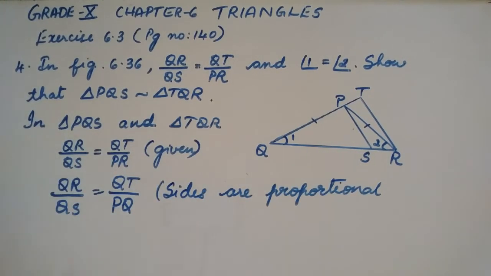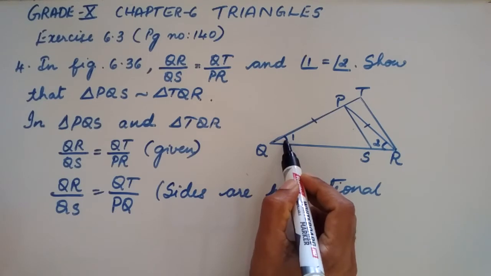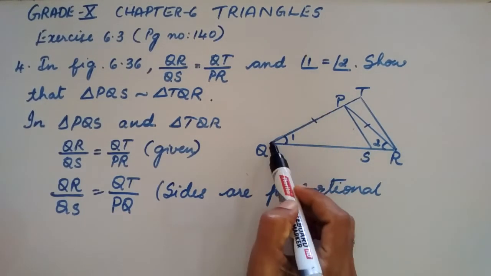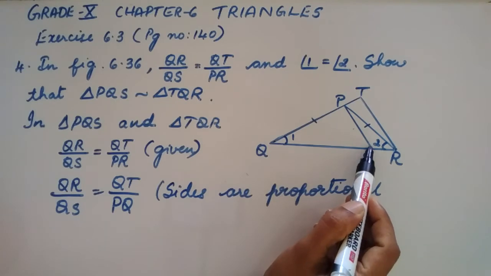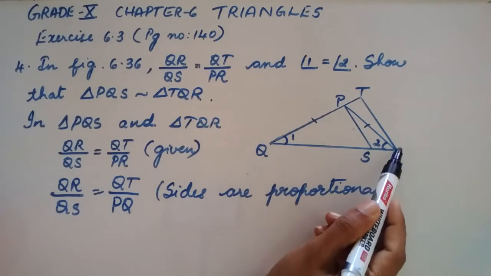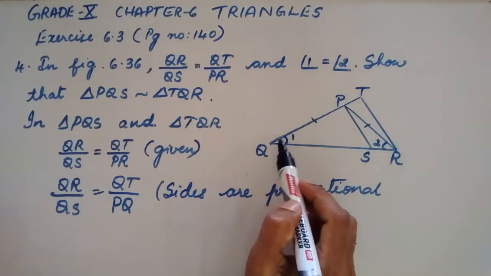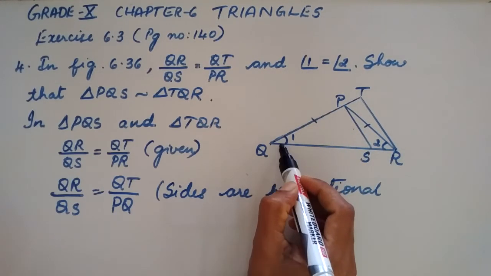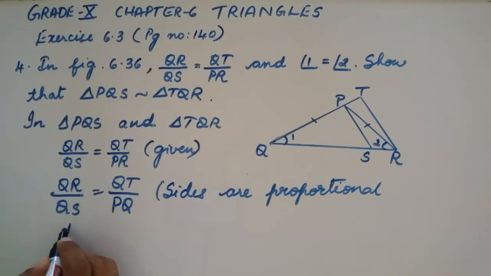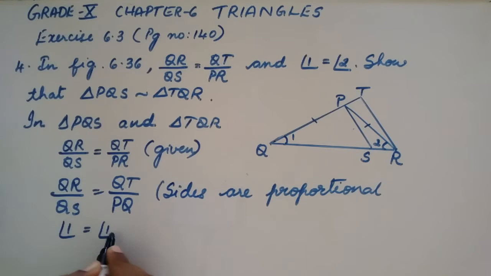And then we have angle 1 in triangle PQS is equal to angle 1 of triangle TQR. So for both these triangles, angle 1 is the common angle. So angle 1 is equal to angle 1.